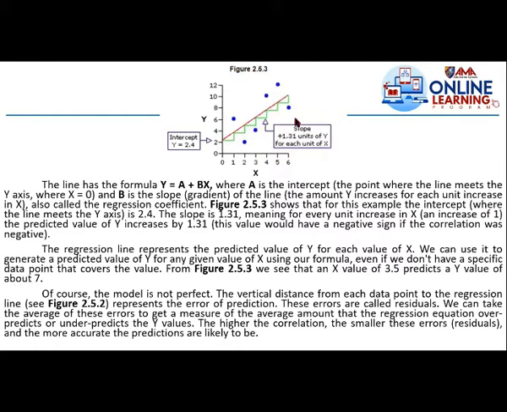So, as you can see there, given na yan, huwag kayo malito paano yung sinolve yung 2.4 at 1.31. So, as you can see, the line has a formula of y is equal to a plus b times x, where a is the intercept. This is the point where the line meets the y-axis, where x is equal to 0. So, in this case, on this graph, this is the 2.4 na intercept.